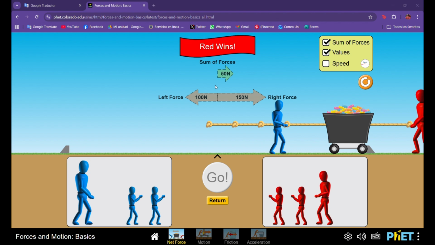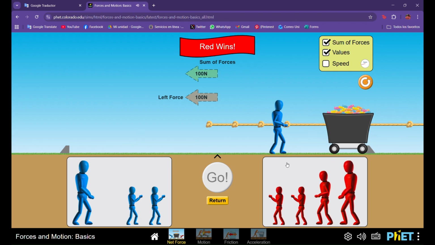As I will explain, when the net force is different than zero, which is the same thing happening in this simulation, we are experiencing an acceleration.